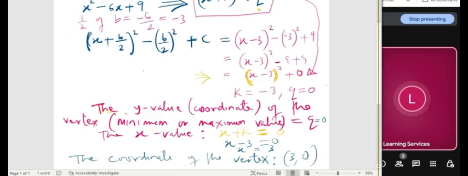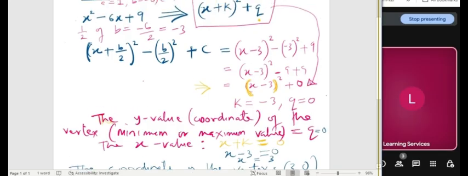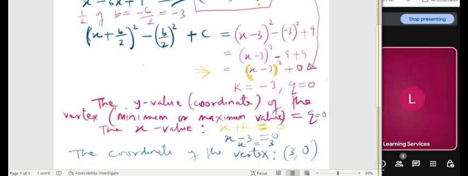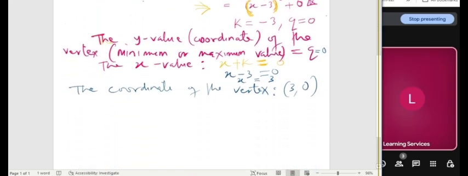In fact, the graph will cut the x-axis at one point. Talking about the discriminant, yes.